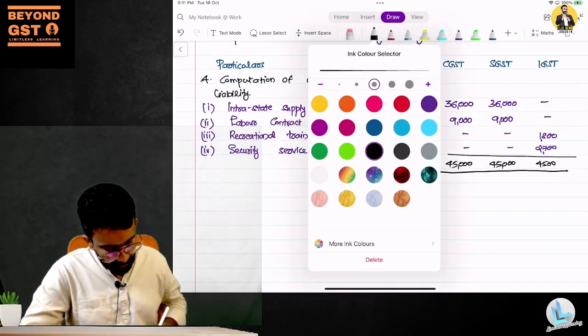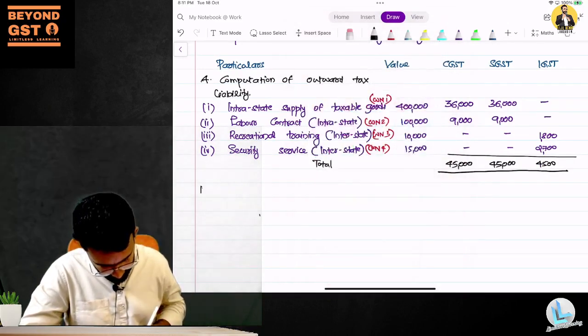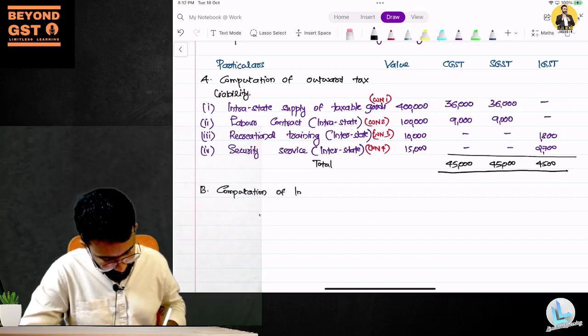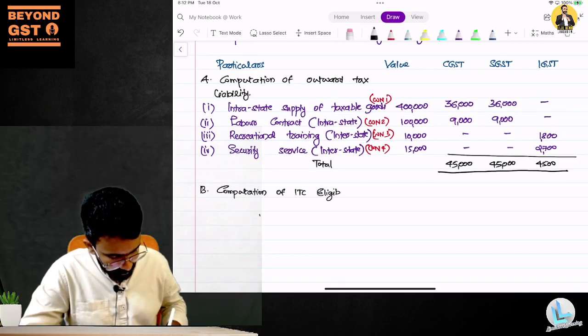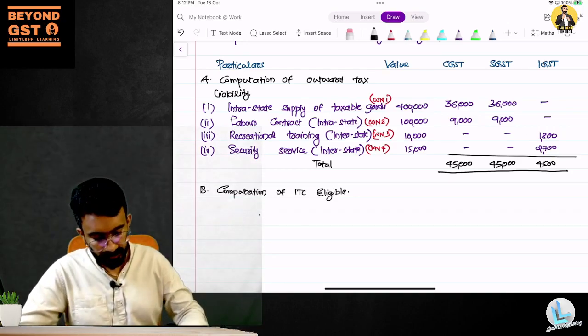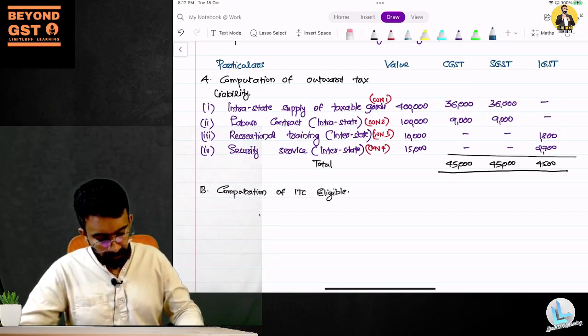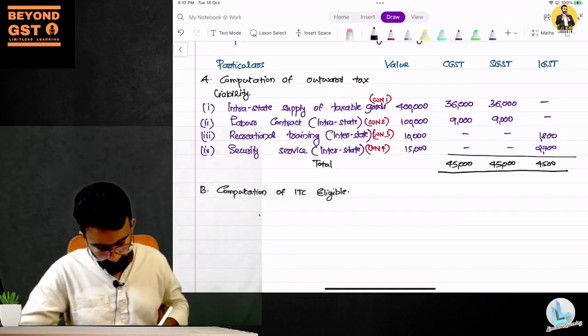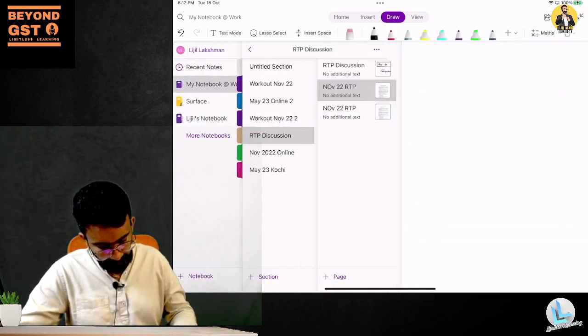What's the next thing we compute? Computation of ITC eligible, input tax credit eligible. How many inward supplies do I have?